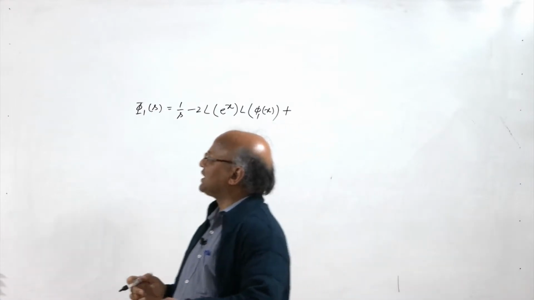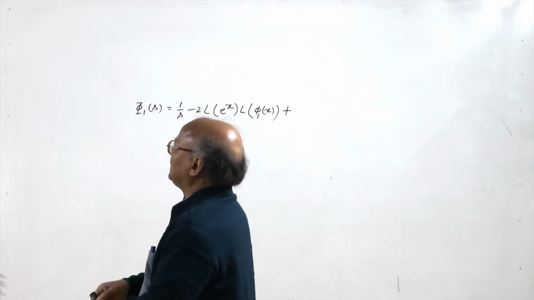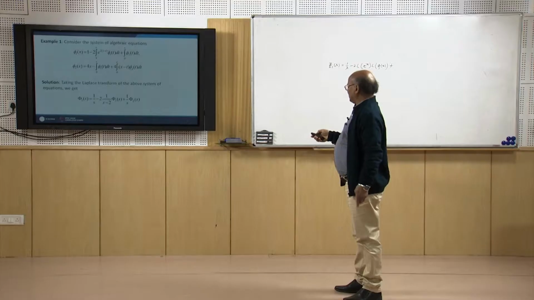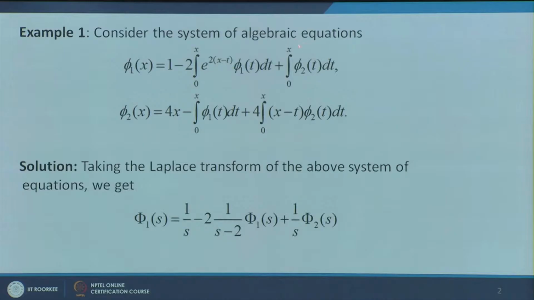Now, the third term on the right side, integral 0 to x phi 2 t dt. When we take the Laplace transform of this integral, it can also be regarded as the convolution of the function 1 and phi 2 t.